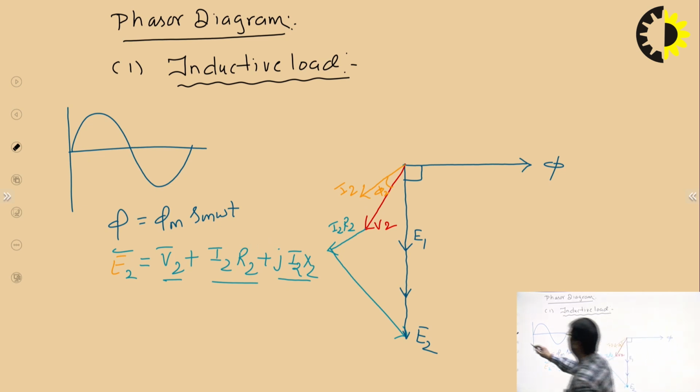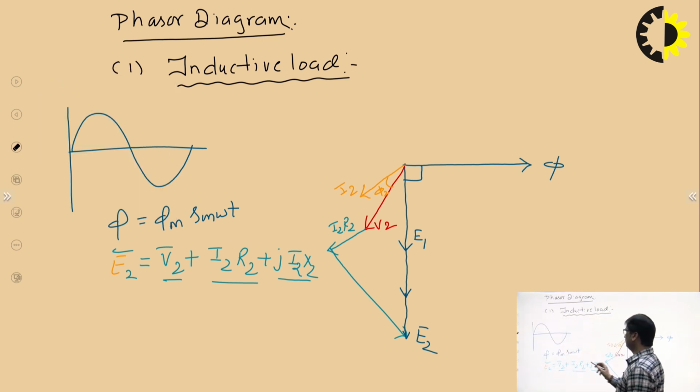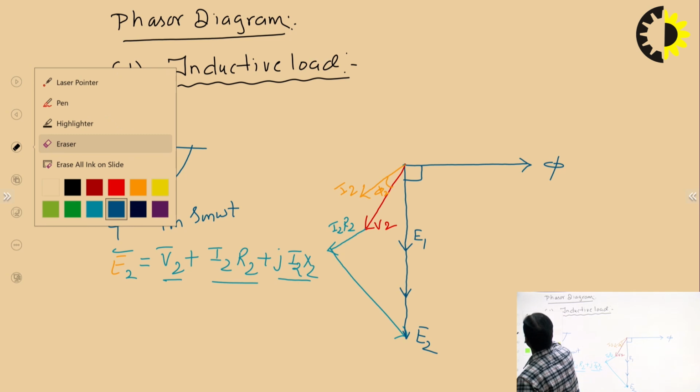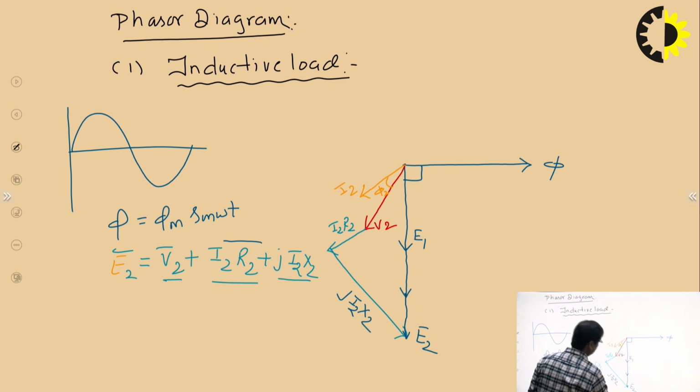So the I2 drop, this drop, and this is jI2 X2. And if you draw this, this is for I2 Z2.